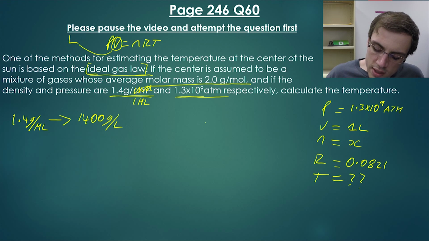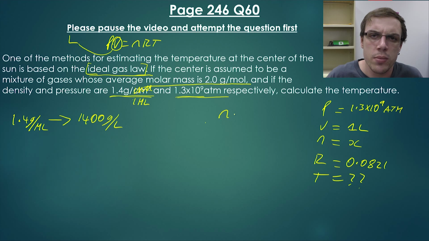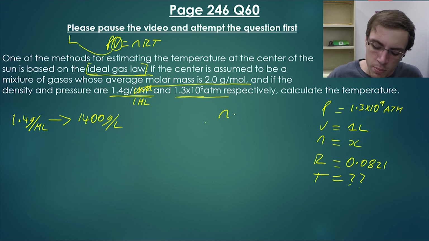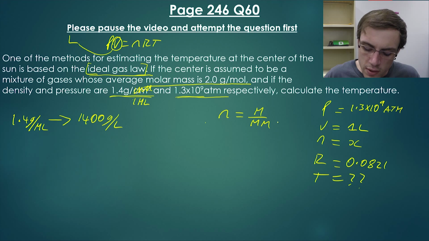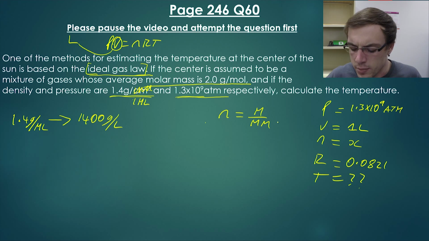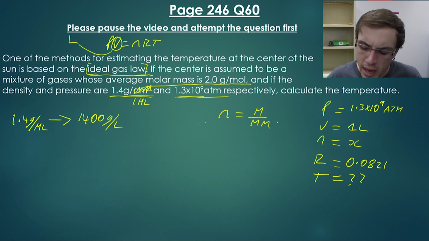So this is where we sit here and go, well, okay, we've got 2 unknowns. What can we do here? How can I calculate moles? So this is when I sit here and go, okay, well, what is moles again? Moles is equal to mass over molar mass. So instead of looking for moles, I ask, do I have a mass or a molar mass?